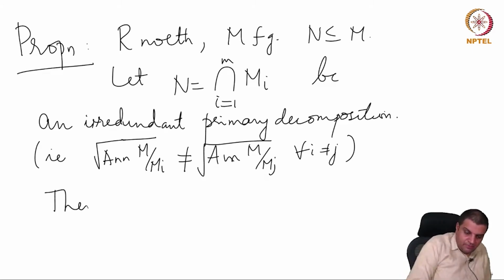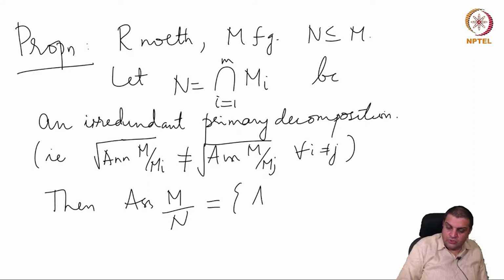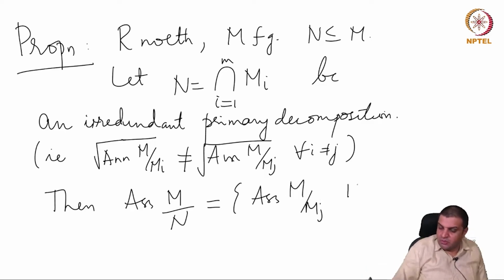Then the associated primes of M mod n is equal to the set of radicals of the annihilators of M mod Mi, 1 less than or equal to i less than or equal to m.